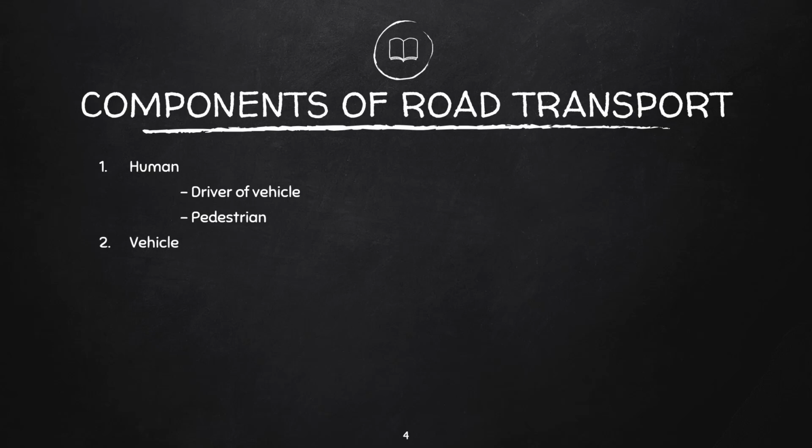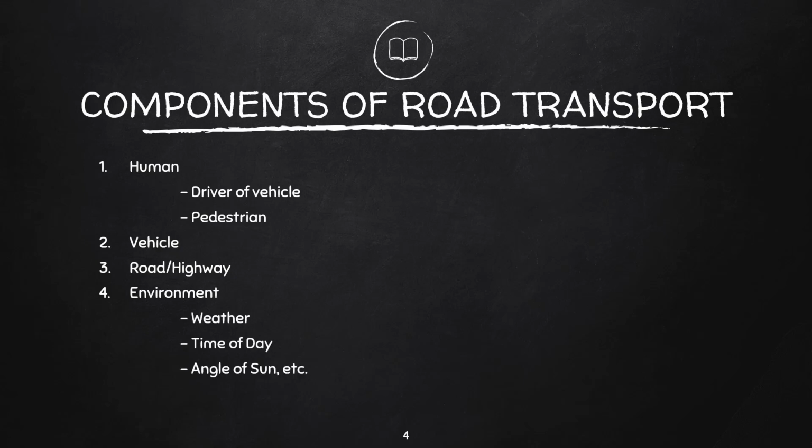We also have the vehicle, the roads and highways, and the environment, which is comprised of the weather, time of the day, angle of the sun, and a lot more components that affect the environment. Technically, the roads and highways is also part of the environment, which affects the road transportation.